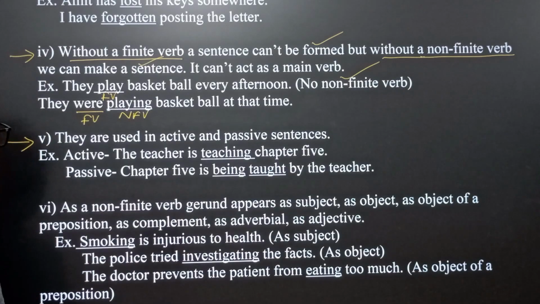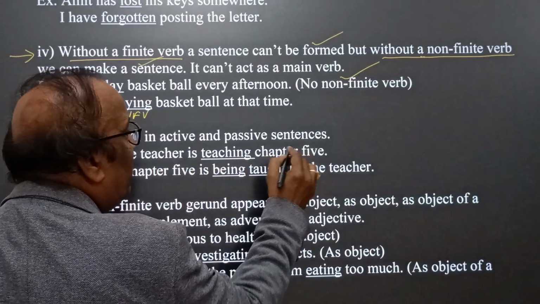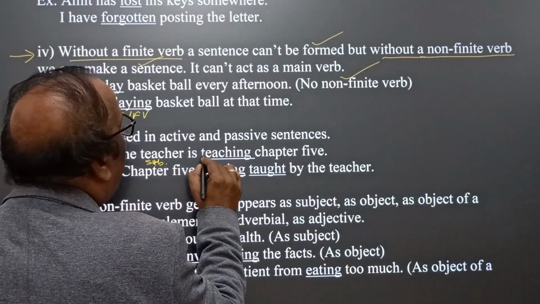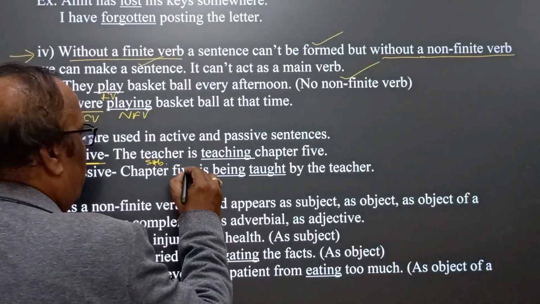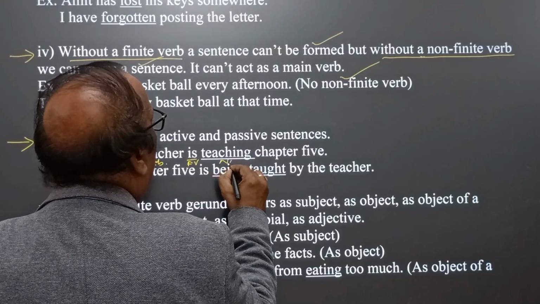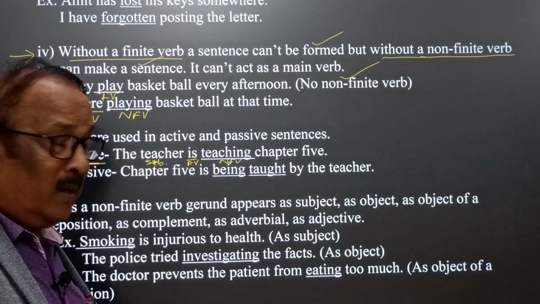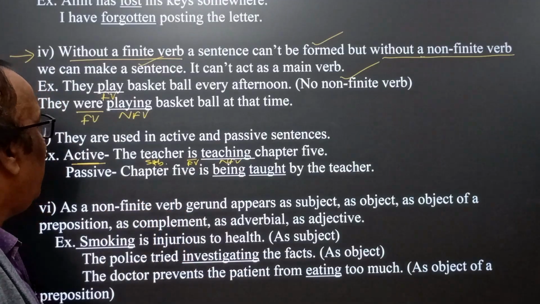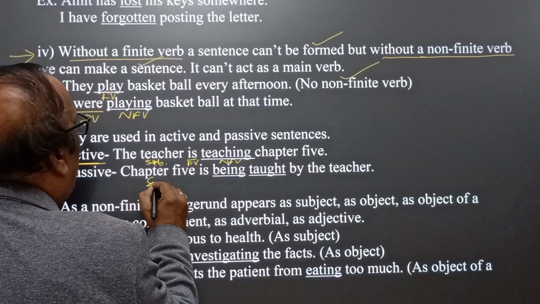How? Let's see. Remember, in active voice, the teacher is teaching chapter 5. Here, the teacher is the subject, is teaching chapter 5. This is present progressive. And here, is is the finite verb and teaching is the non-finite verb. Chapter 5 is the object. Okay. If we change this active sentence into passive, then chapter 5, the object, becomes the subject.